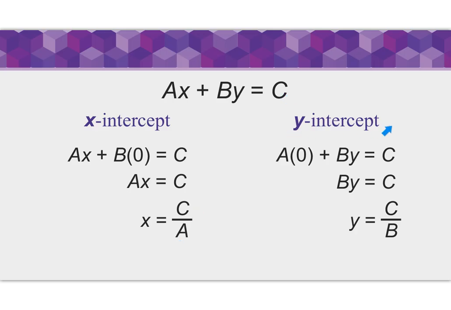Same thing is true for the y-intercept. When you zero out the x portion, you end up with just by equals c. So then to solve for y, you're going to divide both sides by b, and the y-intercept will always be c over b. And so this is kind of a shortcut if you don't want to plug a 0 in and then solve every time.